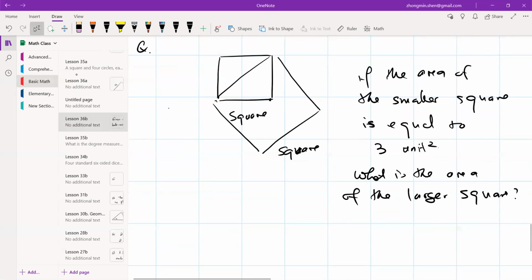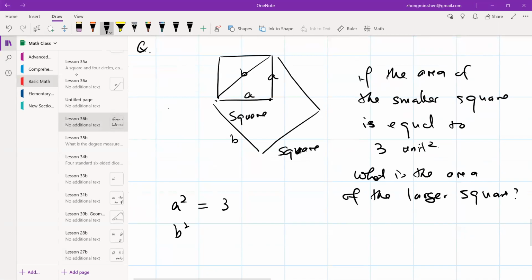All right, let's look at this. This is A, right? That's A, and that is B. So A squared equals the area of the smaller square, which is 3, right?